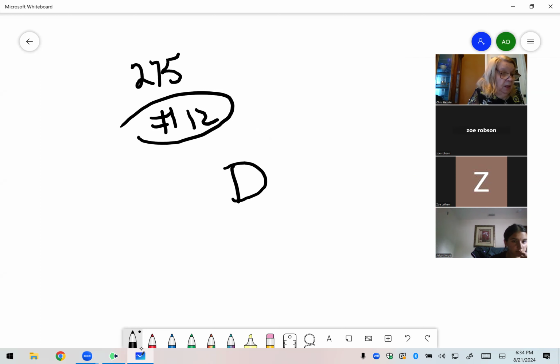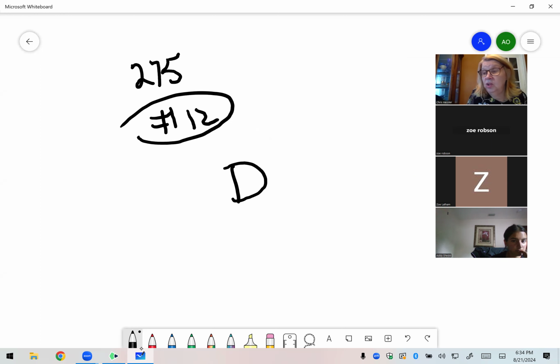Zoe Latham, does that make sense to you? Yeah. Okay, Zoe Robson? Yeah. And Addie. Okay, now, there is a page at the end, but I don't think you guys have it. We just covered this exact problem. Let me just ask, was the final page the one about the baseball people?